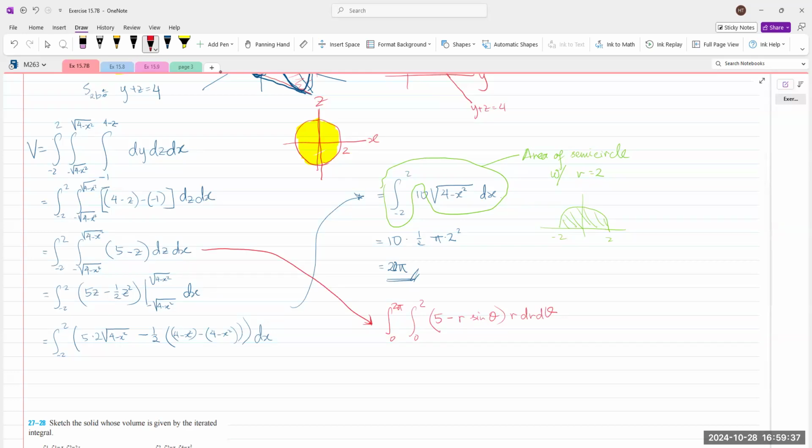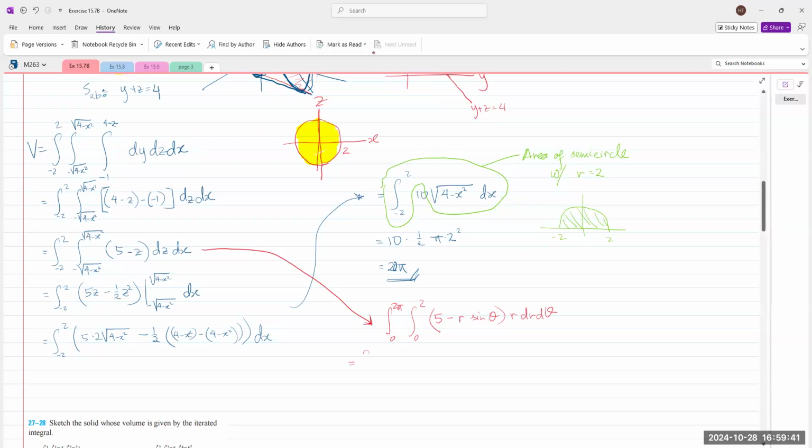Now let me split the integral first. Integral from 0 to 2 pi, integral from 0 to 2 of 5r dr d theta, minus integral from 0 to 2 pi, integral from 0 to 2 of r squared sine theta dr d theta.